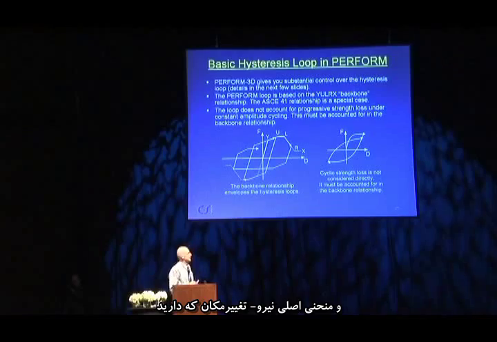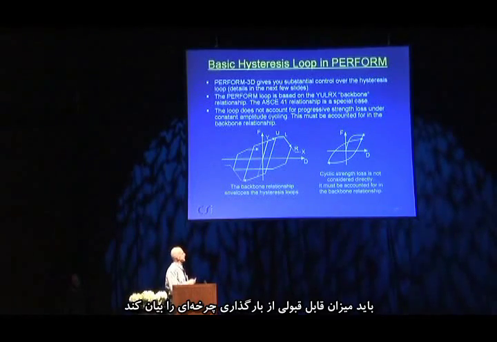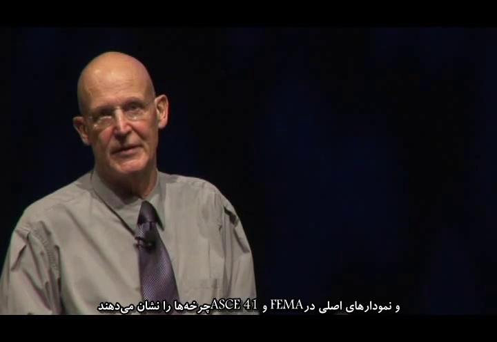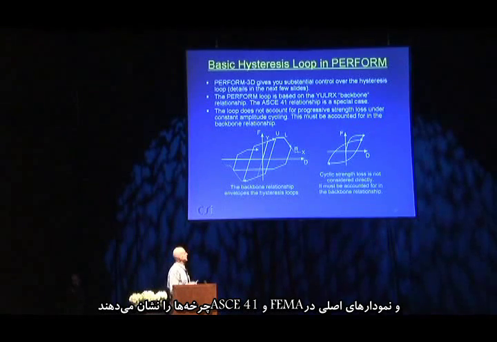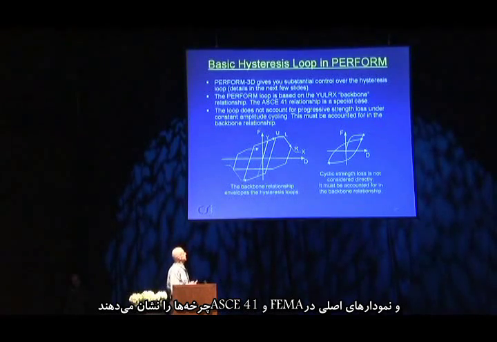Right now the backbone curve that you have should represent a reasonable amount of cycling. And the backbone curves that are given in FEMA 356 and ASCE 41 do represent a certain amount of cycling.